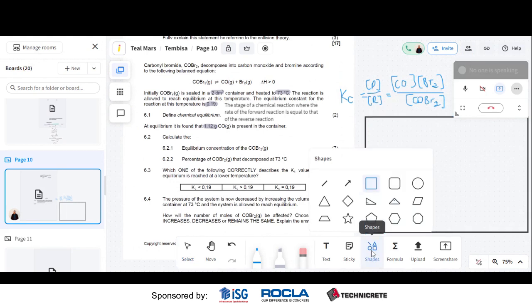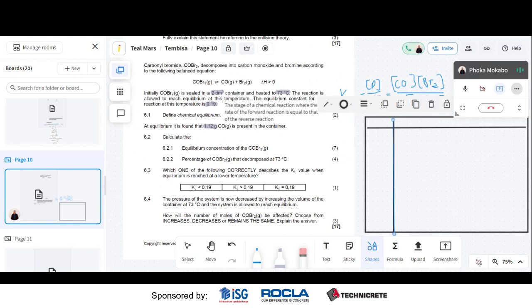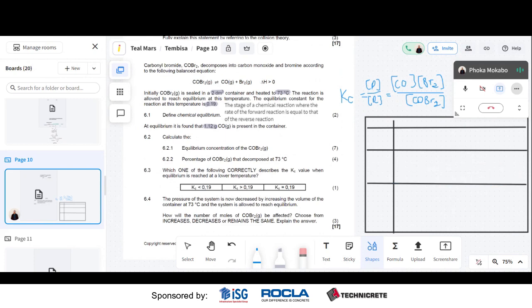Ice tables will always have the reaction itself to start off with. Then we will have a couple of columns, one for every letter. The first one, I, referring to the initial quantity. C, referring to the change in quantity. And E, referring to the equilibrium concentration.